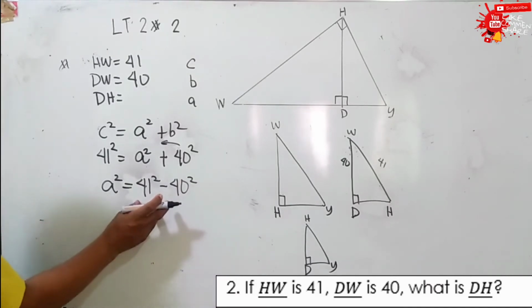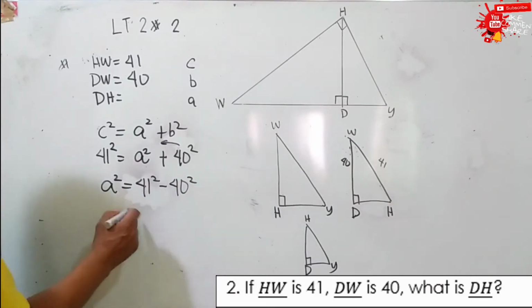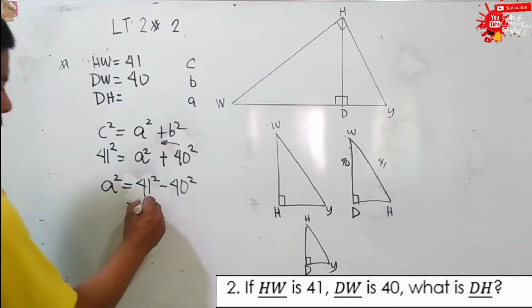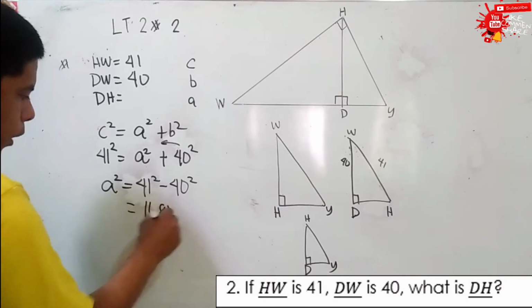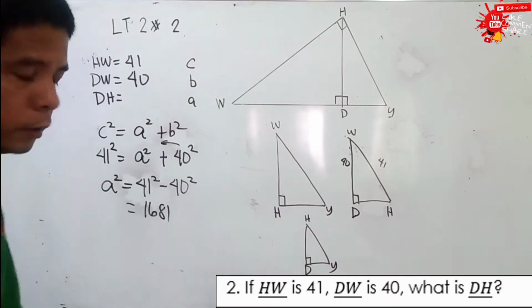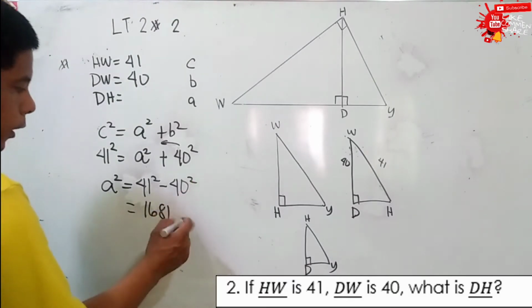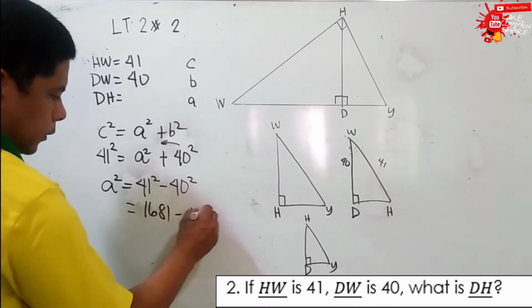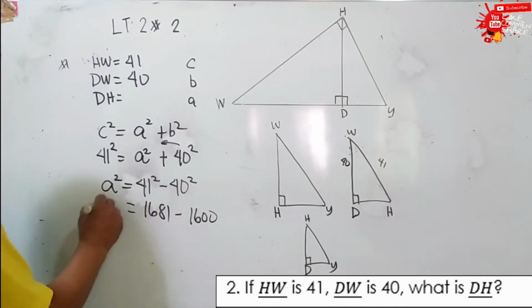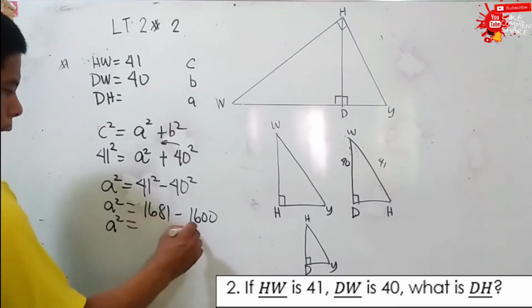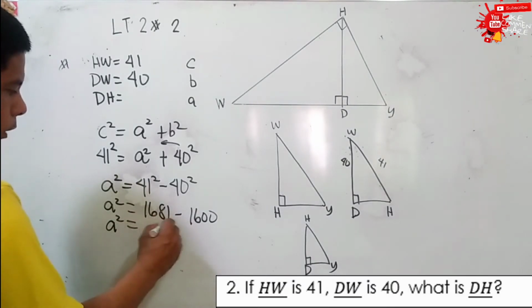So, simplify. What is 41 squared? So 41 squared, that is equals to 1,681. Okay, gumamit kayo ng calculator, pwedeng gamitin sa Pythagorean Theorem. And 40 squared, that is 40 times 40, that is 1,600. Equals A squared. Simplify. So, A squared equals 1,681 minus 1,600.